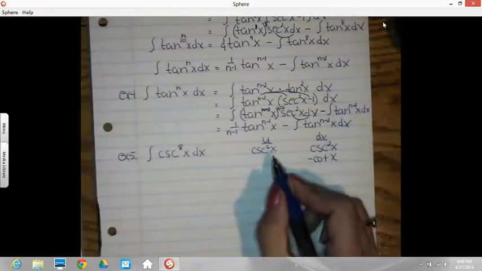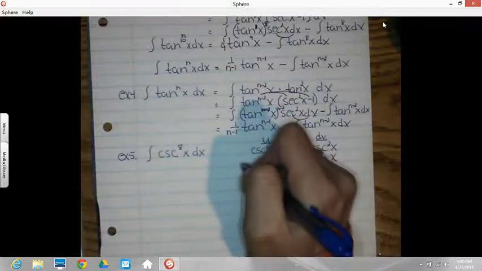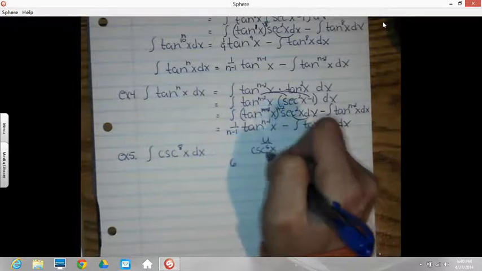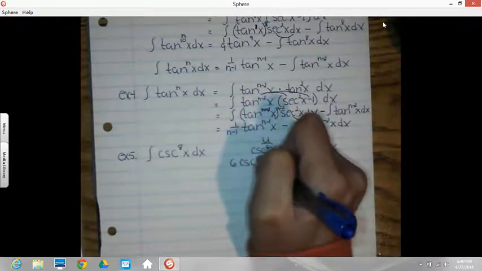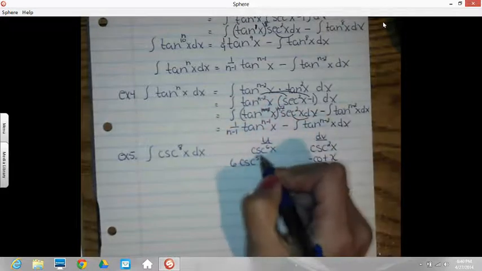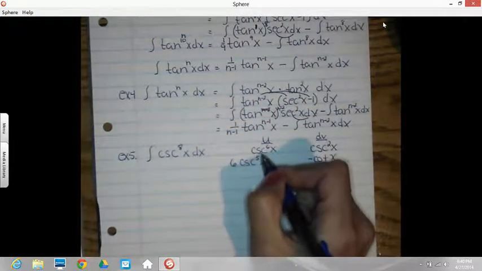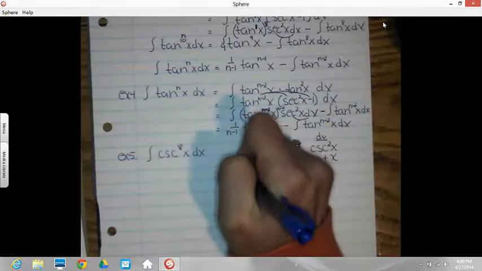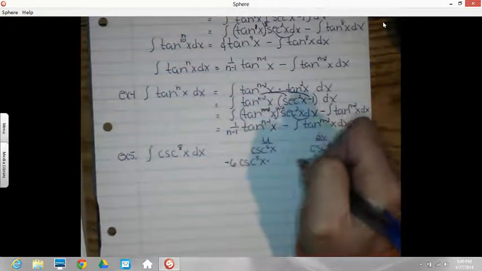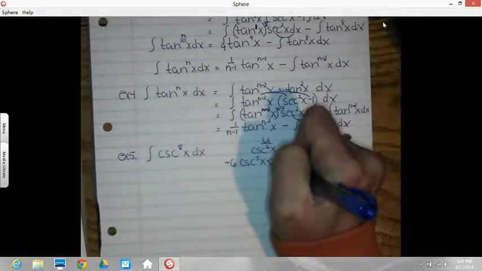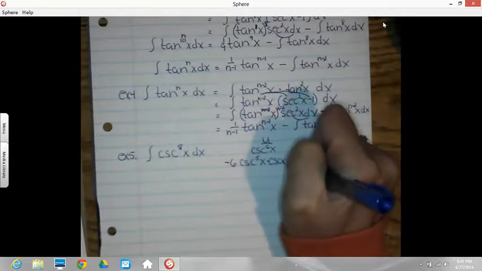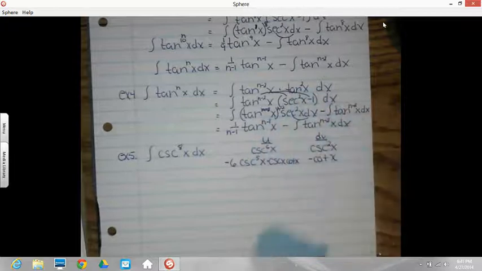Here, doing the derivative with the power rule, the 6 comes down, times the cosecant to the 1 less power, times the derivative inside. Cosecant's derivative is a negative cosecant cotangent. Okay.